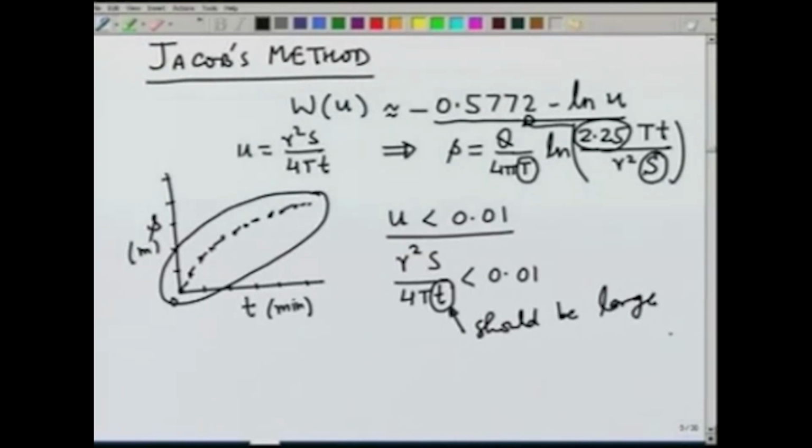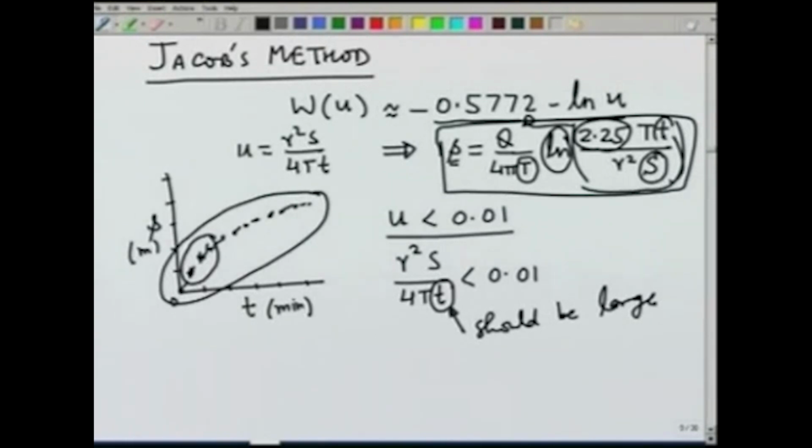Which means that some of the early data will typically not follow the Jacobs approximation. So, using this approximate equation, we see that S and natural log of t should fall on a straight line. So, that is what we will plot.